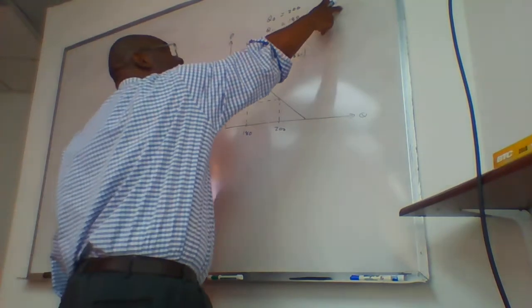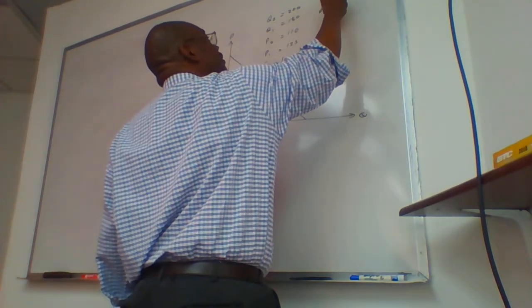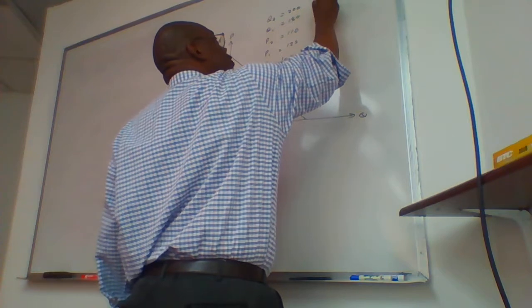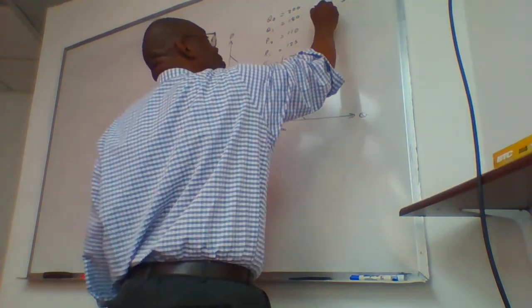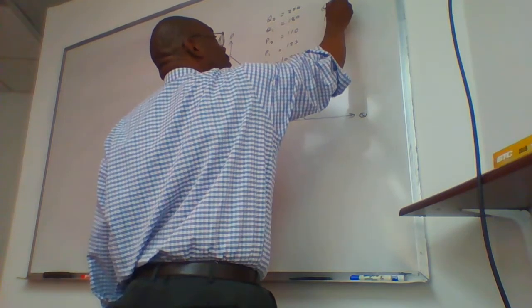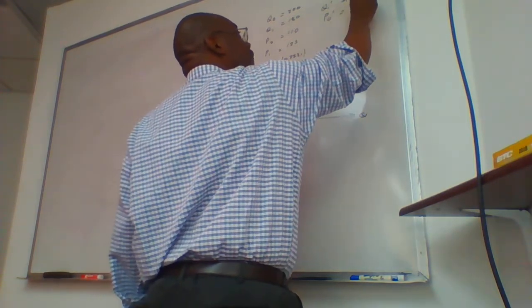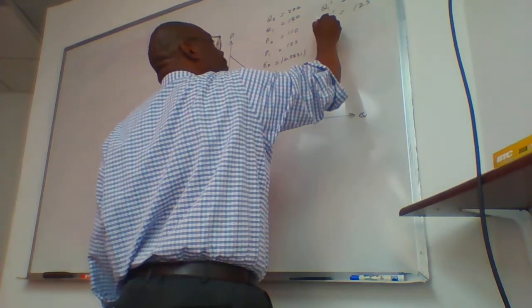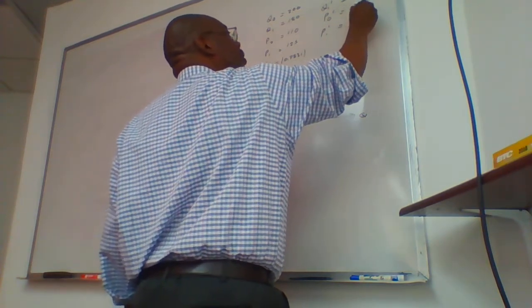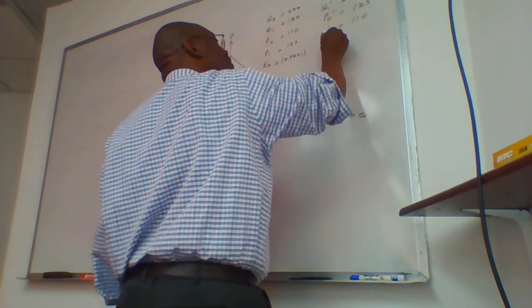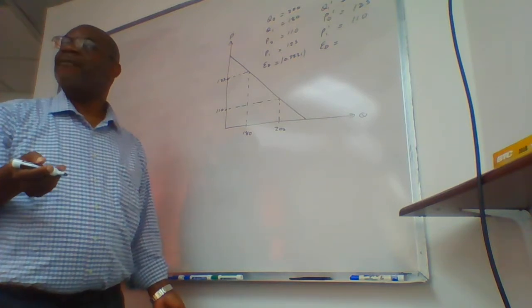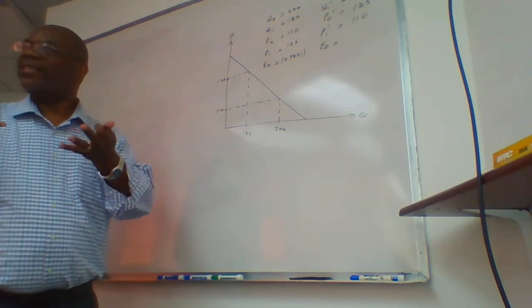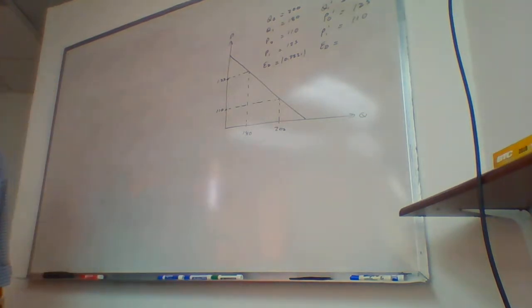So we have a new Q0 of 180, a new Q1 of 200, a new P0 of 125, and a new P1 of 110. What should our elasticity be? Shouldn't it be the same? I mean, intuitively, it should be the same. Let's run it and see.